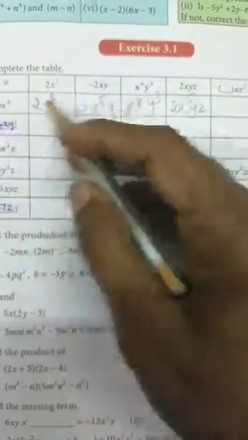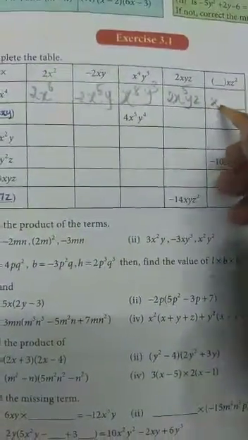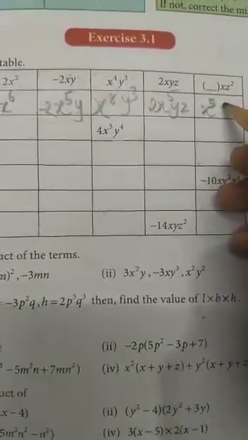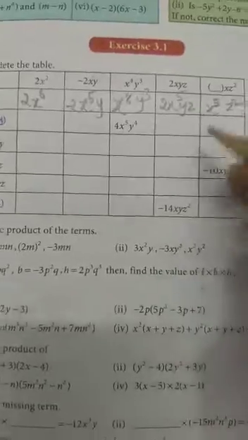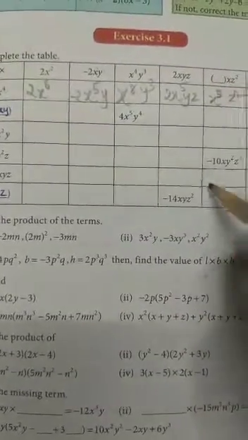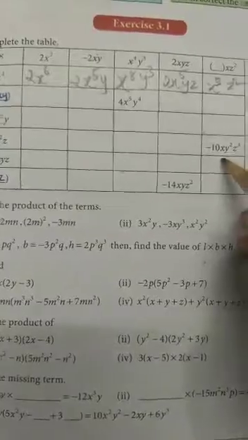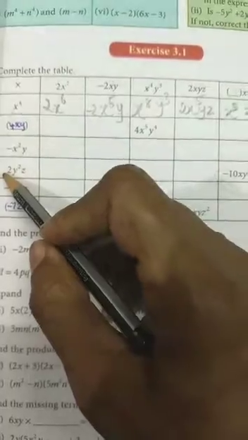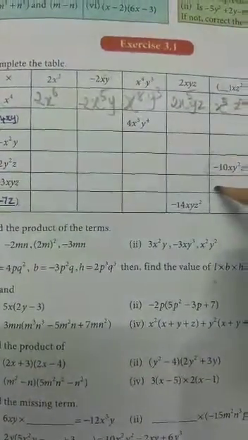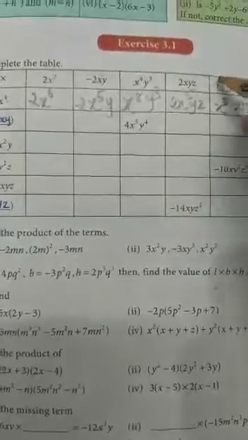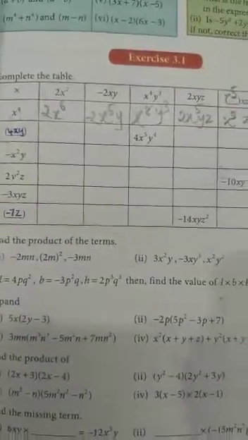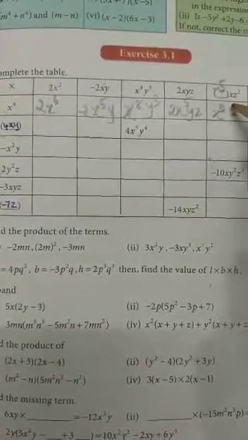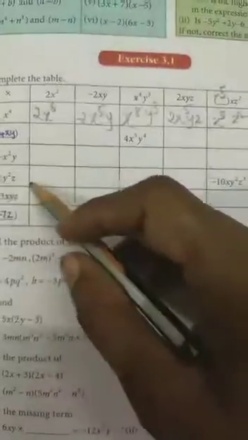Here x power 4 plus 1, 5, then z square. Okay, what will come here? You have to calculate this. Here they are given as minus 10 xy square z cube, isn't it? So using this, 2 into minus 5, here it will come as minus 5, x y square as it is.